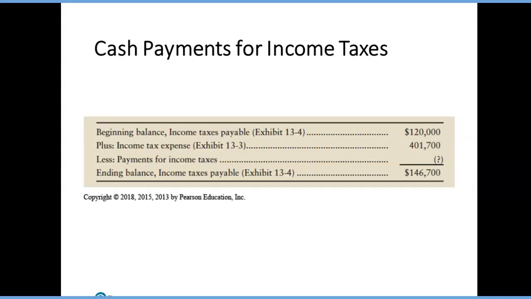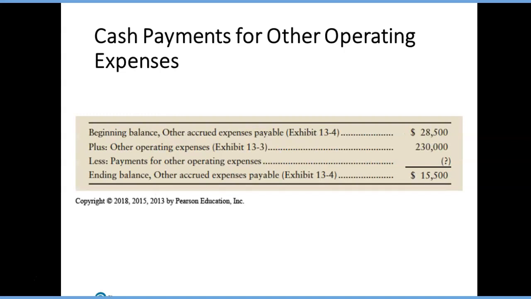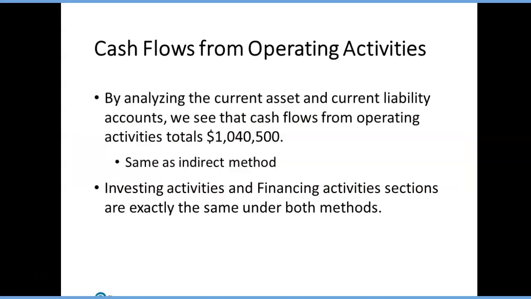These are just standard analyses that show relationships among accounts that will help you create the categories with the correct amount of money that went in and went out for determining cash flow from operating activities. So analyzing your current assets and liabilities will allow you to determine the cash that was used or received for various transactions for operating activities.